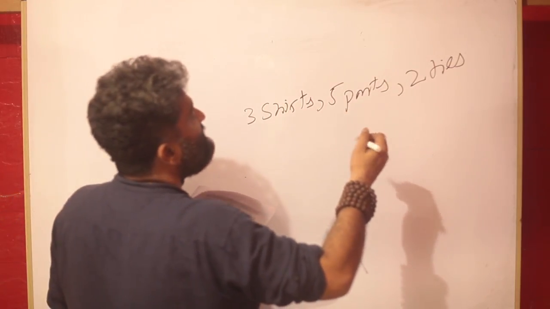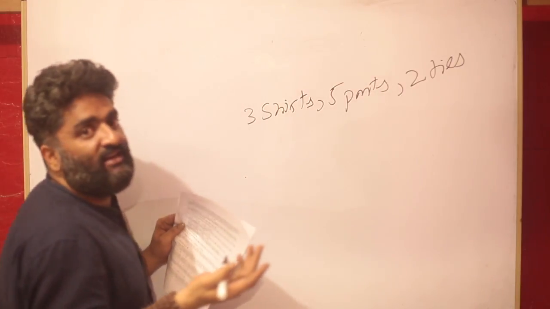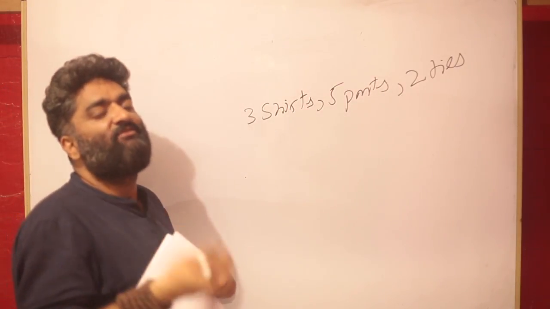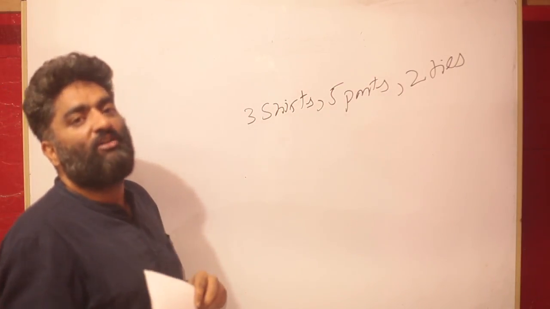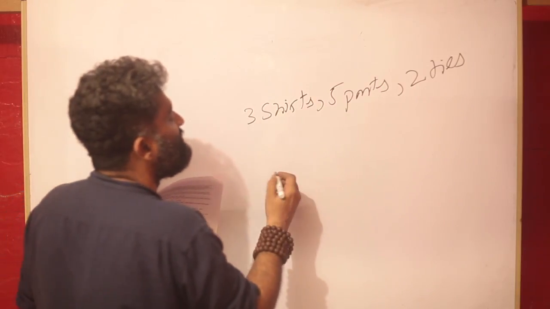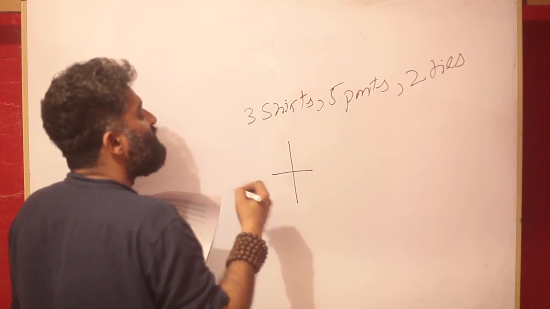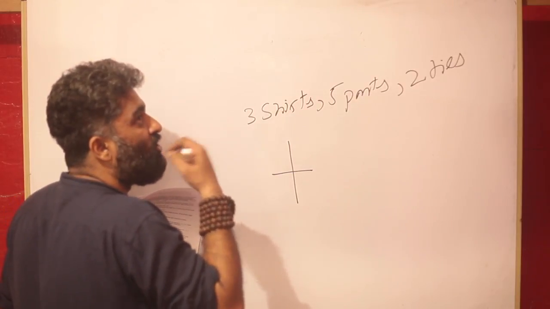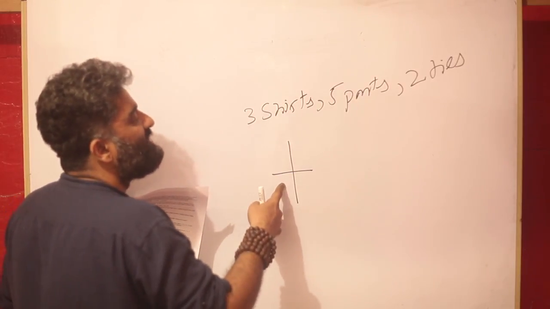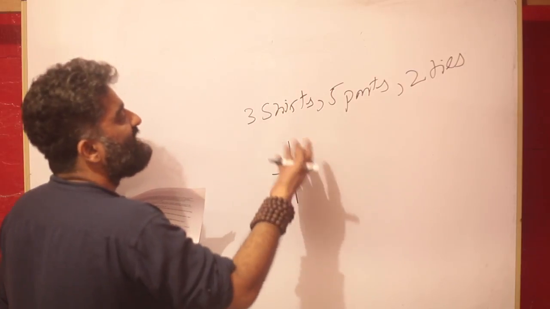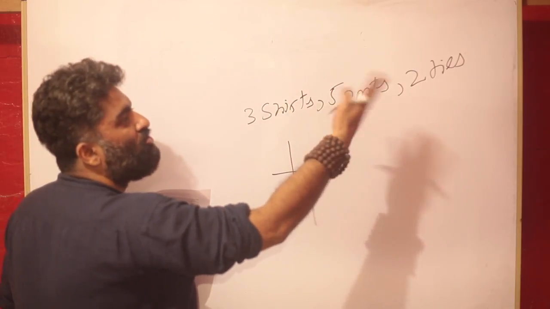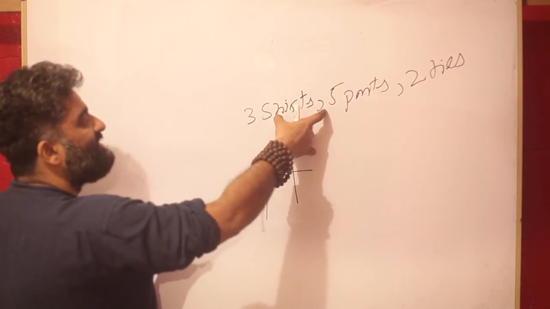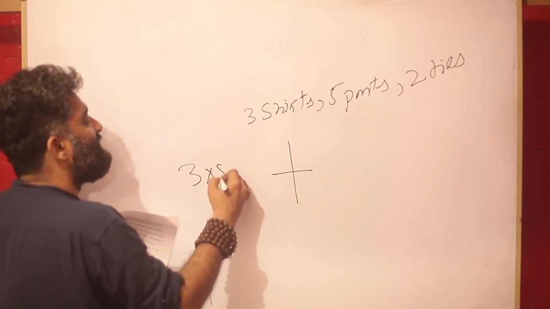What if I said that the tie is optional, right? What does that mean? You can wear a tie or you cannot wear a tie. So this is also to introduce the idea of or. If while counting or analyzing you come across the word or in your logic, you must use plus, right? So let's say with no tie, if I don't go for a tie, then this becomes 3 into 5, right?